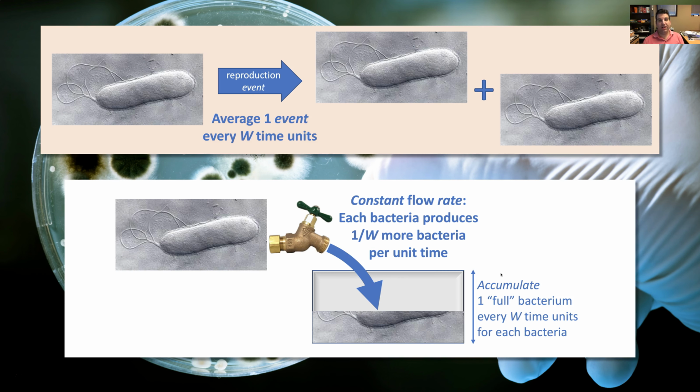Rather than these discrete events that produce exactly two bacteria, we said that if on average we go from one bacteria to two bacteria every W time units, then every one bacteria can be modeled as continuously pouring out 1 over W bacteria. With a time step, we can calculate how much new bacteria poured out during that time step.